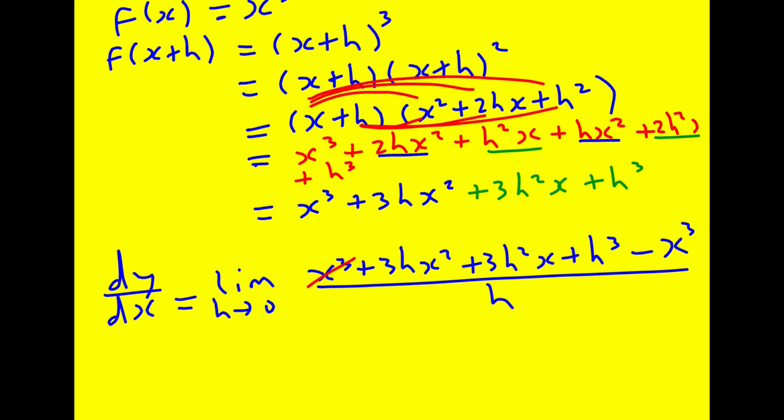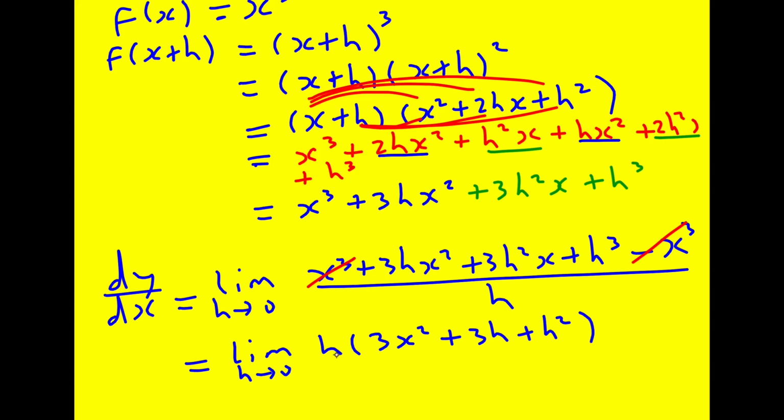Now look what happens in exactly the same way as before. These cancel. We've got a common factor of h, which I'm going to factorize out.